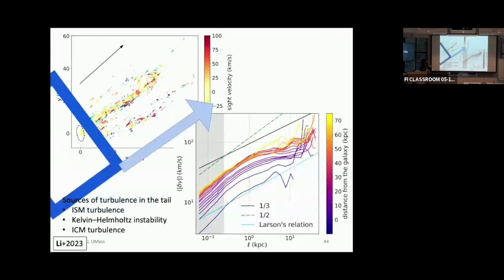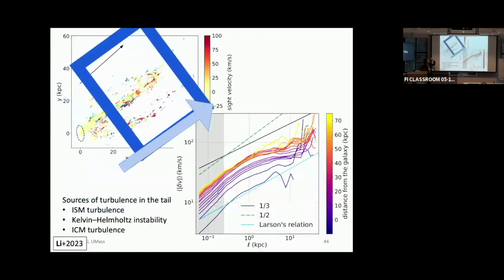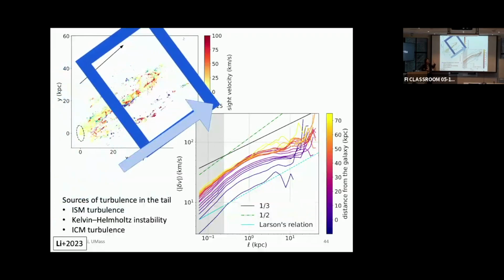So what I did was I used a moving window and computed the structure function along this window. What I see is it does start with ISM turbulence within the galaxy. That blue line is Larson's relation. So we're detecting Larson's relation in this galaxy, which is cool on its own.